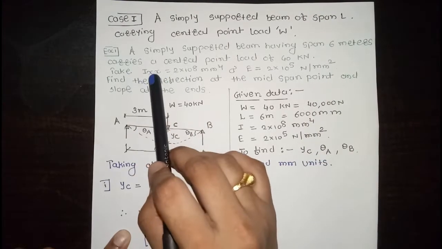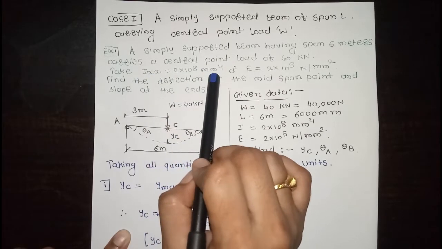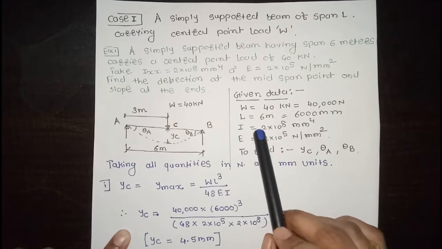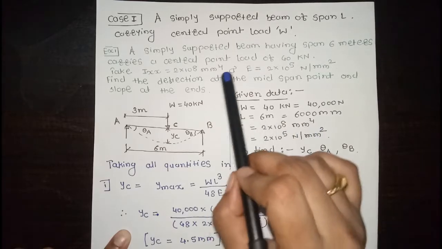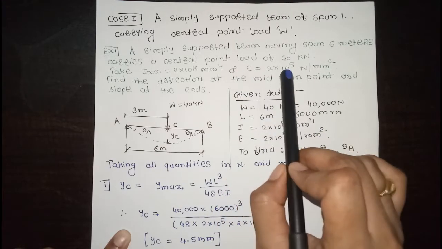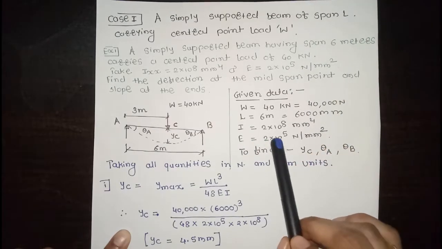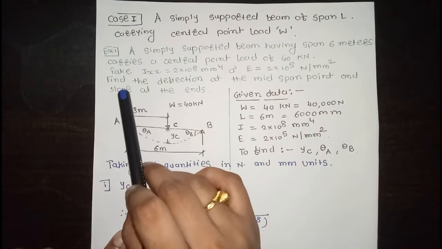Take Ixx, I is equal to 2 into 10 to the power 8 mm raised to 4 and E is equal to 2 into 10 to the power 5 Newton per mm square.